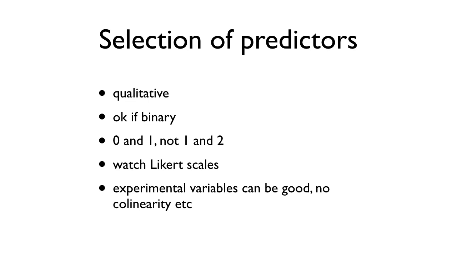Experimental variables can be great, like what group you're in, because there's no multicollinearity problem there. If you're in group 1 or group 2, and you have different levels, I can measure them. Let's say we're doing levels of processing, and it's low, medium, high. Or let's say we're doing retention interval, and it's 5 minutes, 1 hour, 24 hours.